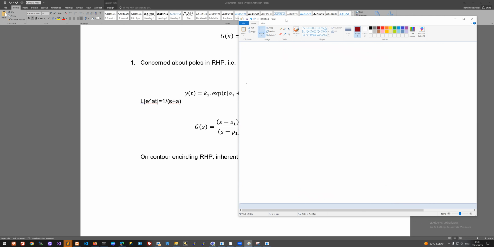If we are only concerned about S equals i omega, so we are only following S traveling like this, and we are observing G, then if G ever encircles 0 even one time, that means there's a 0 in the right-hand plane.